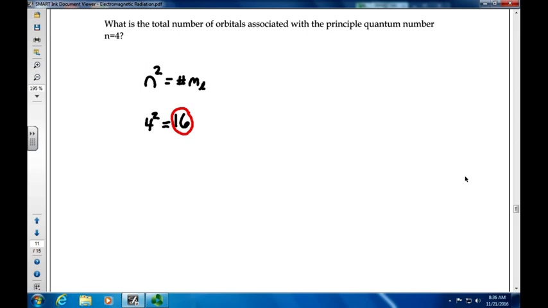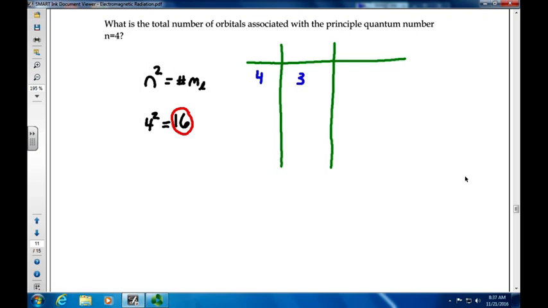So we've got n, L, and M sub L. When N is 4 and L is 3, M sub L could be 3.